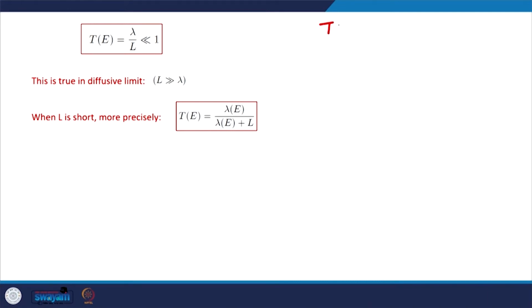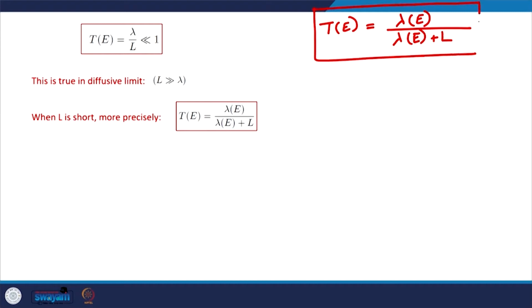More generally, as a function of energy, this transmission coefficient can be written as the mean free path, which is also a function of energy, divided by lambda(E) plus L. Okay. So, now as you can see, we have obtained the expression for the transmission coefficient.